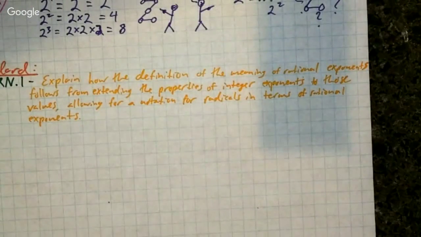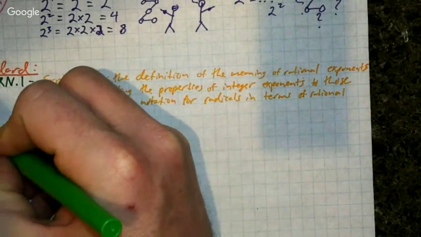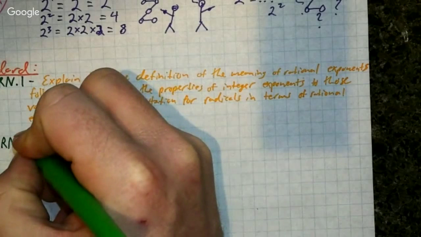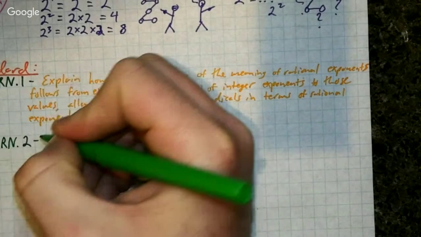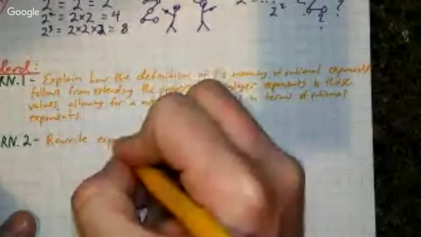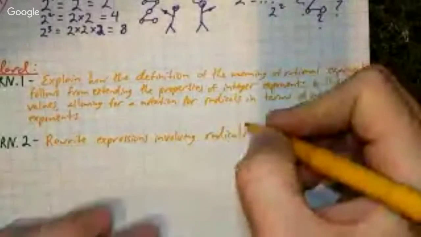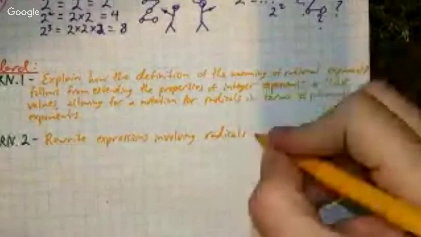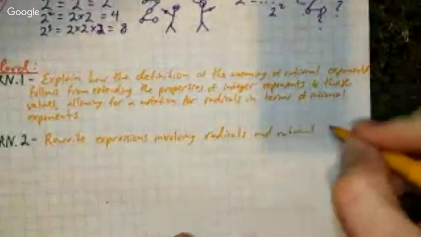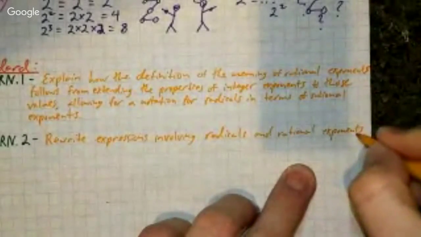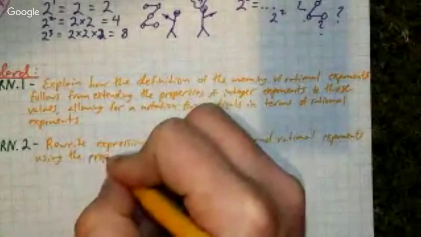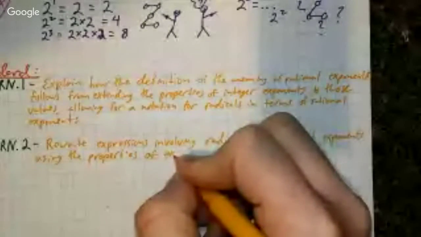And our second standard is N.RN.2. This one's a little shorter, and it states: rewrite expressions involving radicals and rational exponents using the properties of exponents.